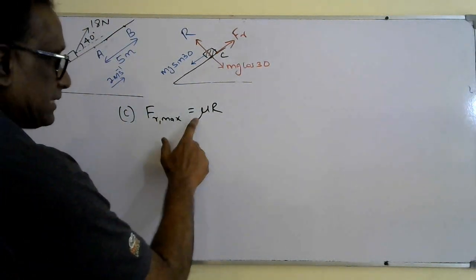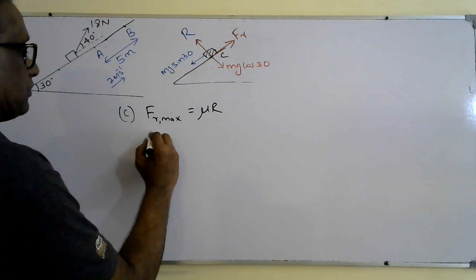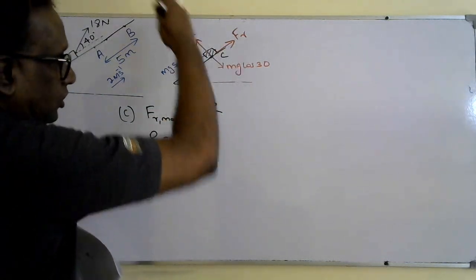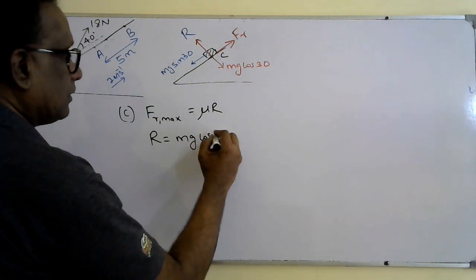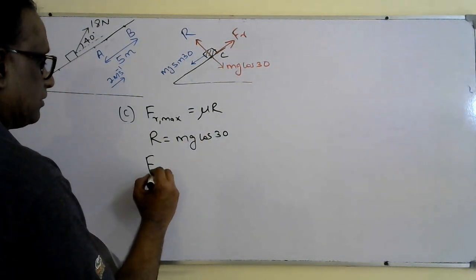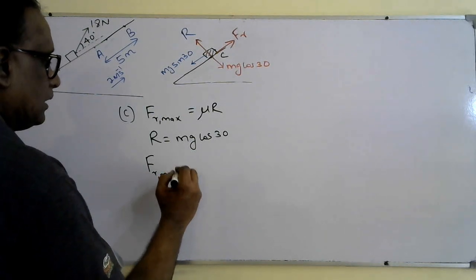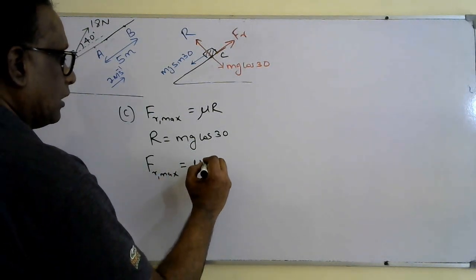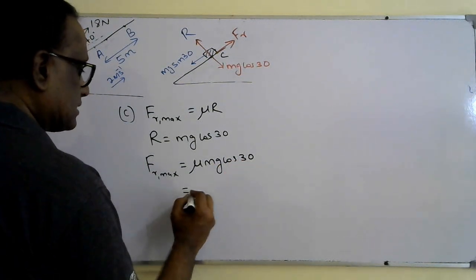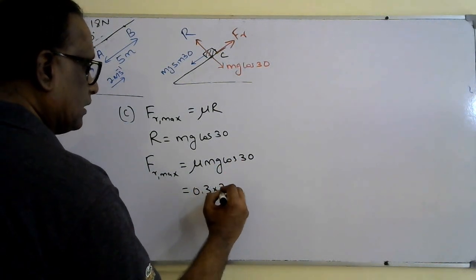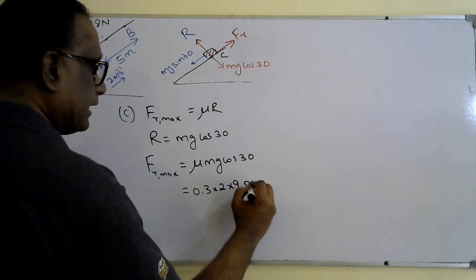So F_r max equals mu R, but R is equal to mg cos 30, as there is only one component of force. So F_r maximum equals mu mg cos 30. That is 0.3 times 2 times 9.8 times cos 30.